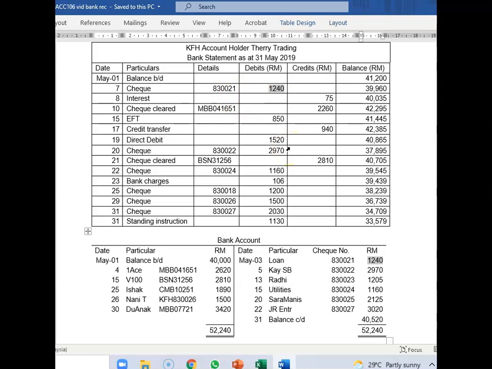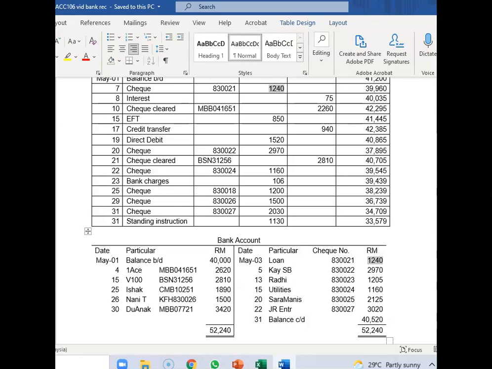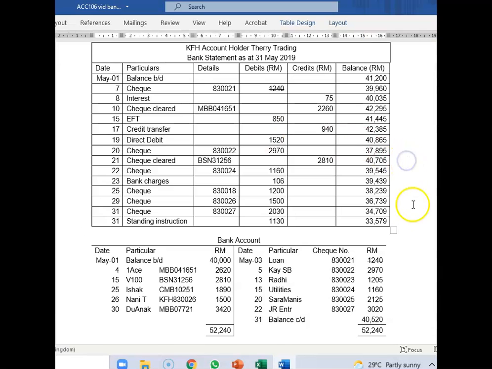So it's the same. Once it's the same, you can cross them out, because we do not need to look for differences when it's already the same.